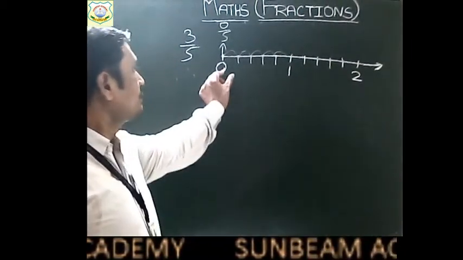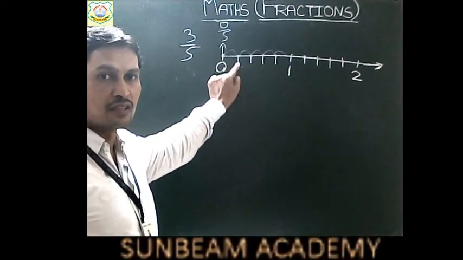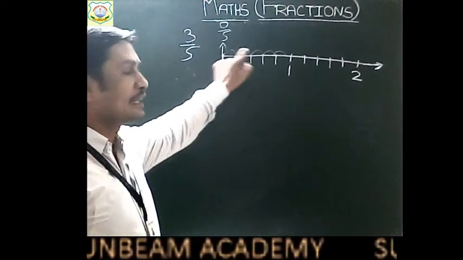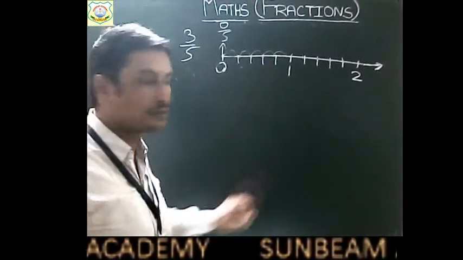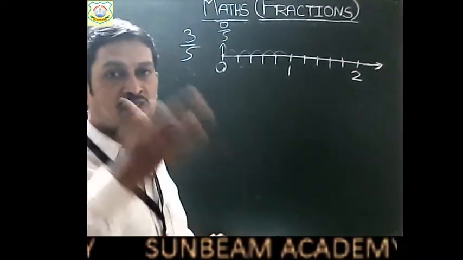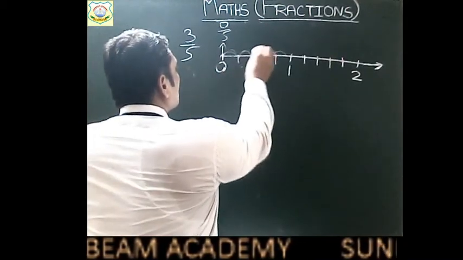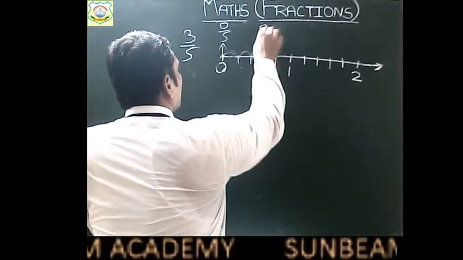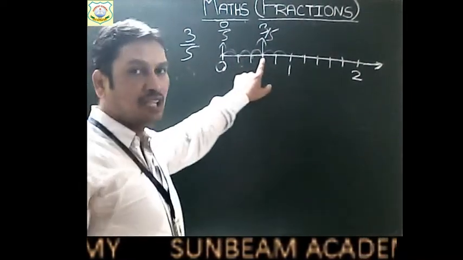Counting 1/5 one time, we get 1/5 here. Counting two times, we get 2/5. We have to find 3/5, so we count 1/5 three times: 1, 2, 3. Here we will get 3 by 5. So 1 by 5, 2 by 5 and then 3 by 5.